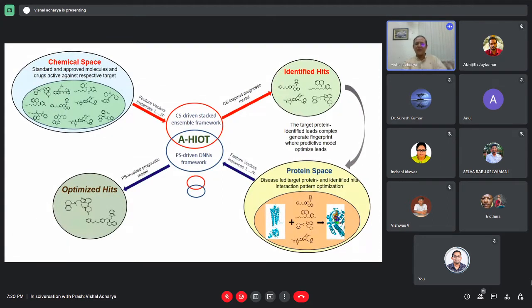For chemical drugs we want to identify hits for a particular target, thinking about all the drugs. The innovation here was how to integrate chemical space with protein space. For identifying a hit, you go for protein space, and then we got a very good optimized hit.